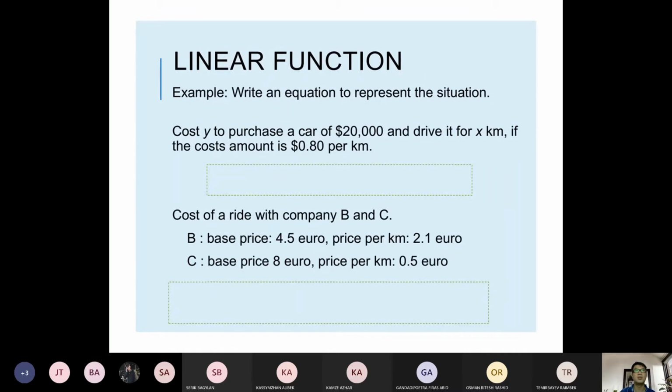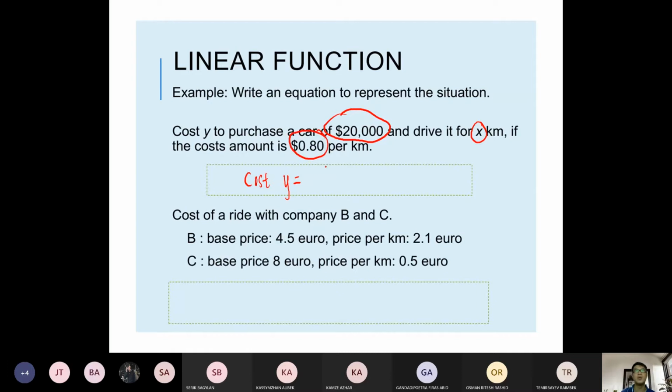Now, the y is the cost. To own a car, or to use a car, first you need to buy the car. When you purchase the car, it is 20,000. After you purchase the car, you drive for x km. For each km, you need to pay $0.8, or 80 cents.